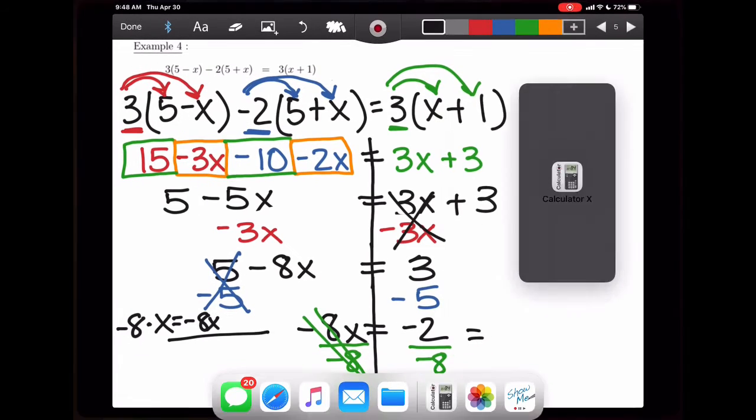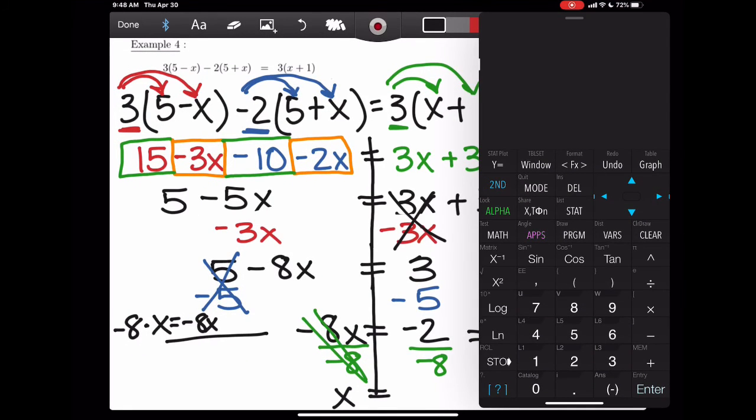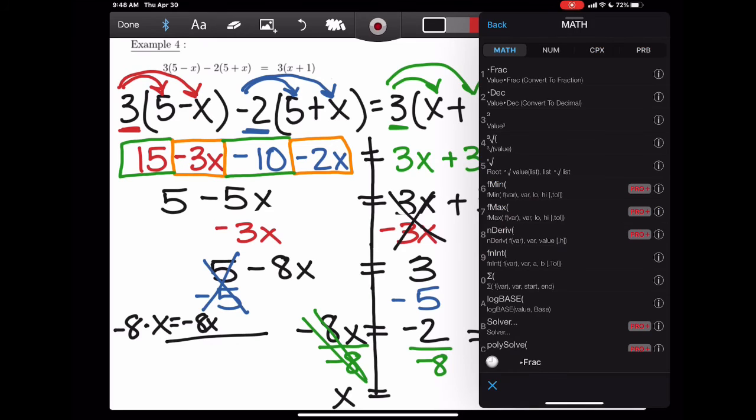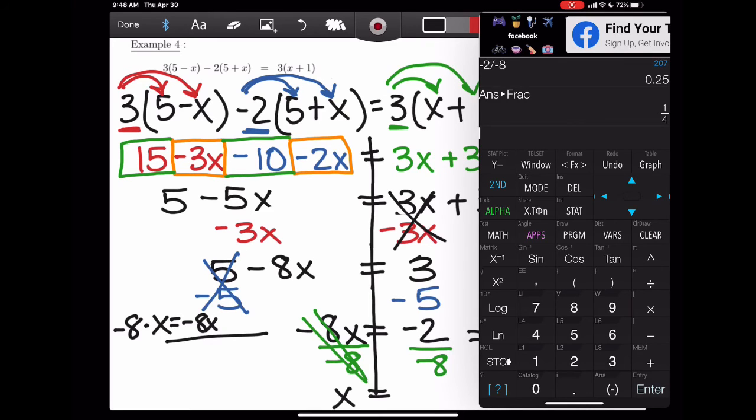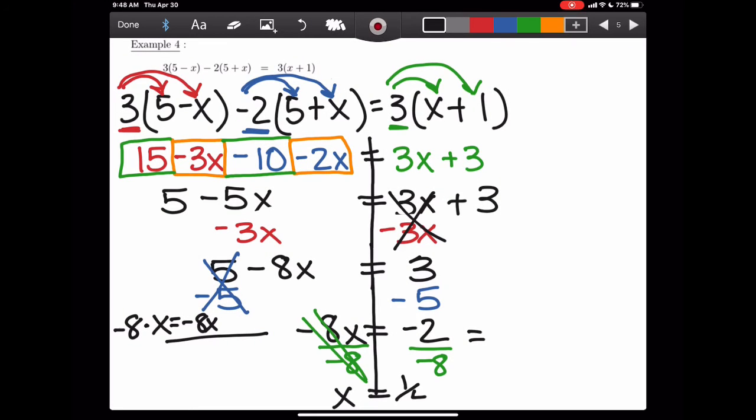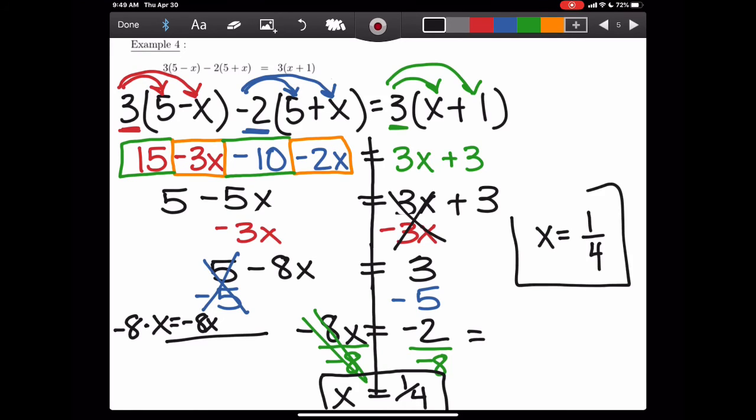Well, let's do some math here, because we want to get the reduced fraction version of it. So we have negative 2 divided by a negative 8. It's going to give you a positive 0.25. Hit math, number 1, to change it to fraction. Going to give you 1/4. And so for this particular answer right here, x will be equal to 1/4.